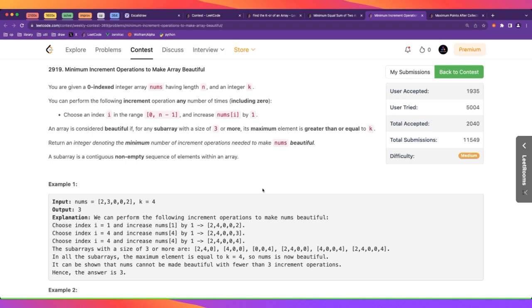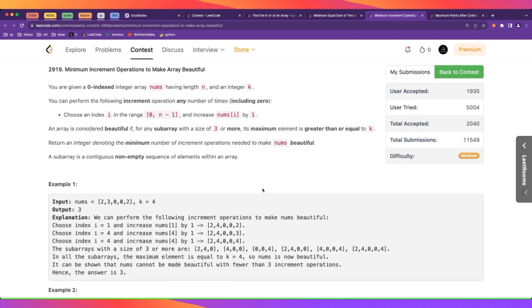The only subarrays that matter, if the subarray has an element that is greater than or equal to k, then it's already beautiful.